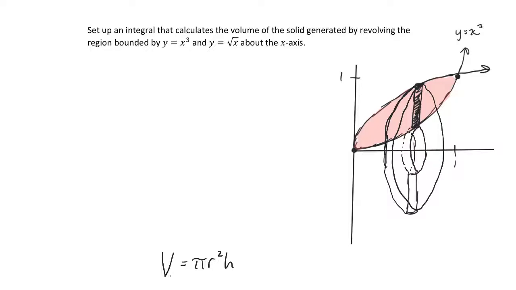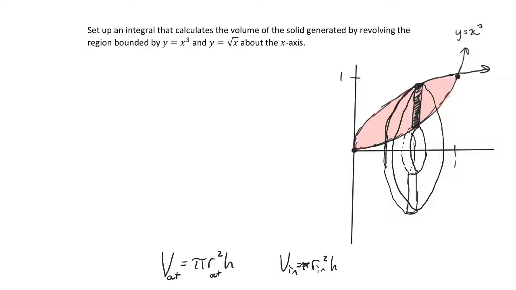We're going to do an outside volume. What do I mean by the outside? That's the larger radius, which I'll draw here in a moment. And we need an outside radius for that. And then we're going to do an inside volume, which is pi times the inner radius squared times the height. Okay, what do I mean by outer radius and inner radius?